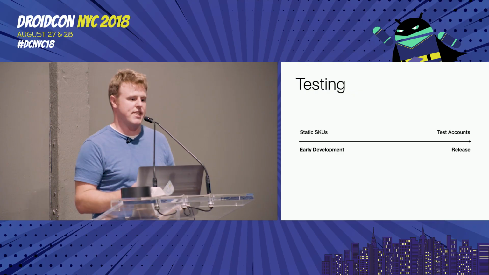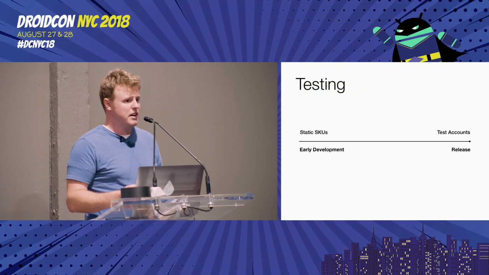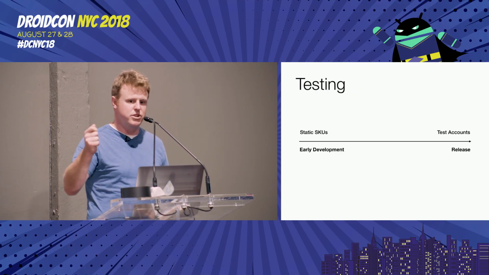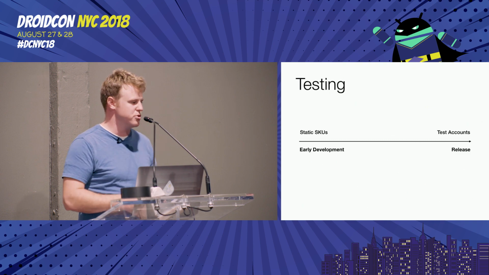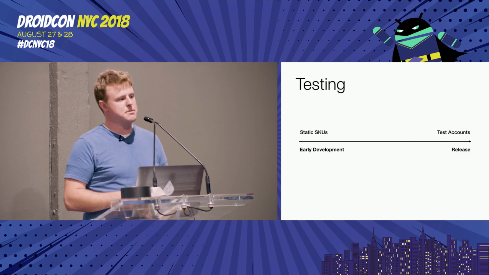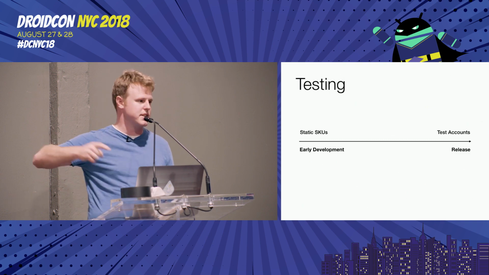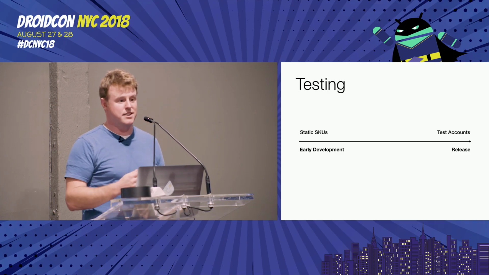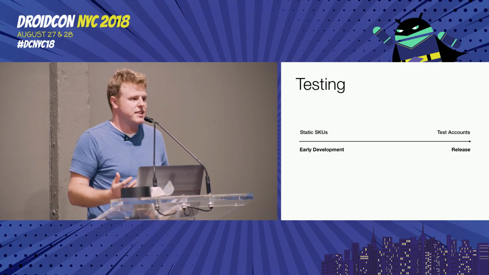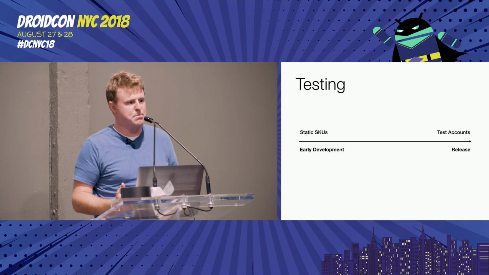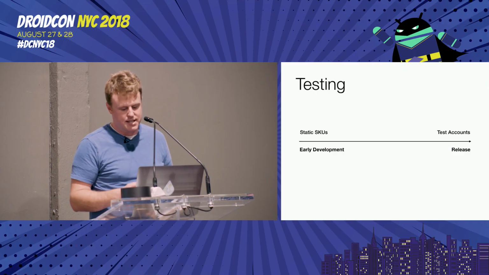Static SKUs are great for that. Test accounts are really great for when you have something that's ready to go to release and you just want to do that final testing to make sure that everything is going through the entire flow to the Play Store as it's supposed to. And it's okay that testing is slow because that doesn't happen very frequently. That's what test accounts are great for.